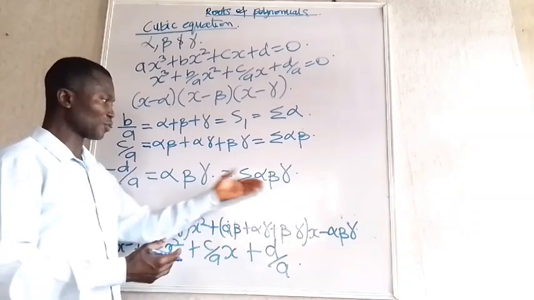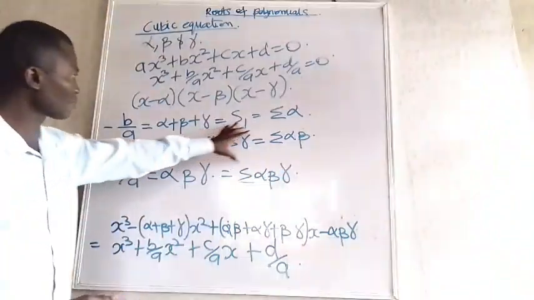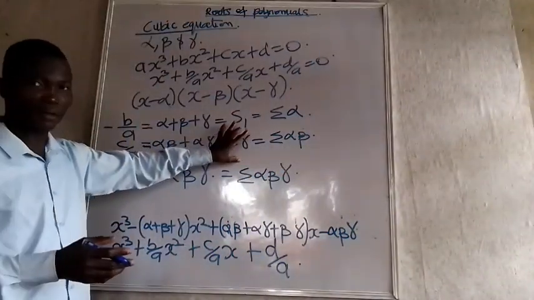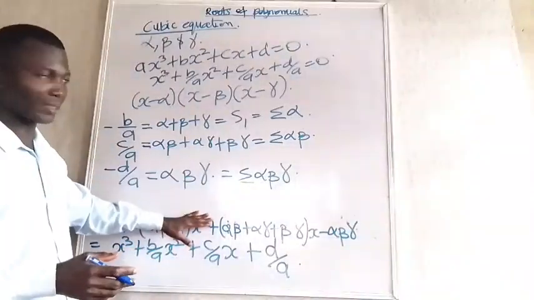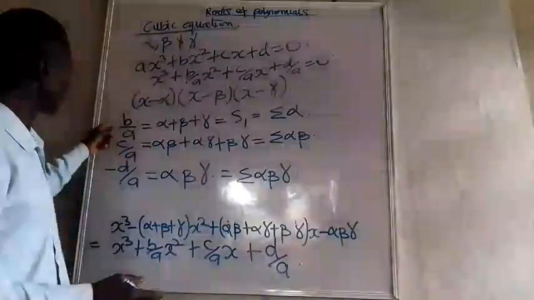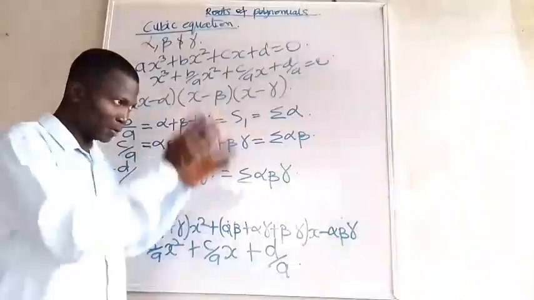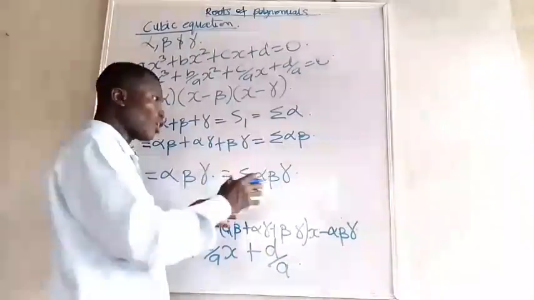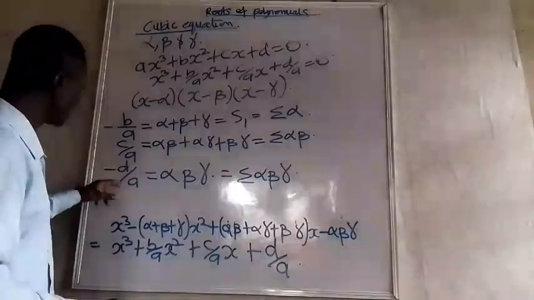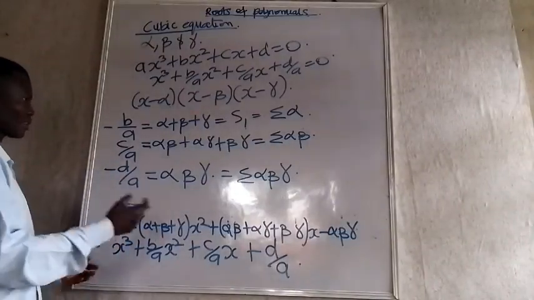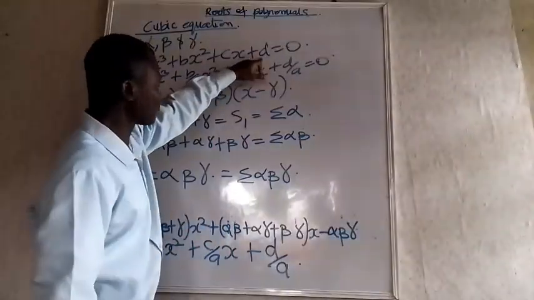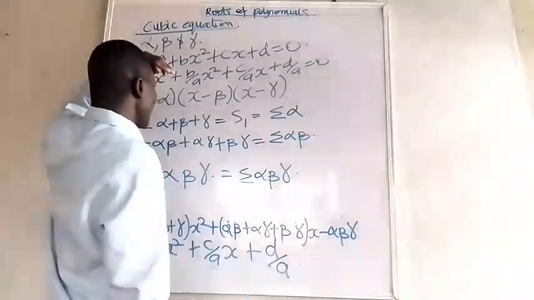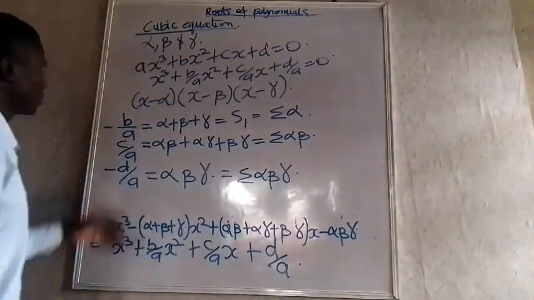When you get to 4, you will see what it will be like. These are the things you want to bring out from the expansion. Notice the sum is minus b over a. The sum of pairs is c over a. The product of all the roots is minus d over a. That is minus 1 multiplied by the constants over a.